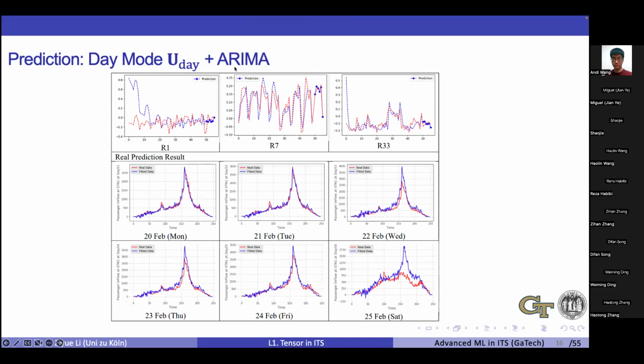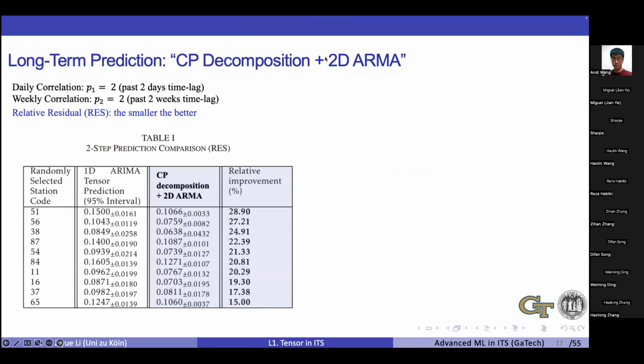Because it didn't capture the weekdays correlation. So that's why the 1D is not good. Here is the result for the 2D ARMA model. As you can see, the 2D ARMA model can have almost 20% improvement over the 1D ARMA model plus the tensor. So this is the trick.